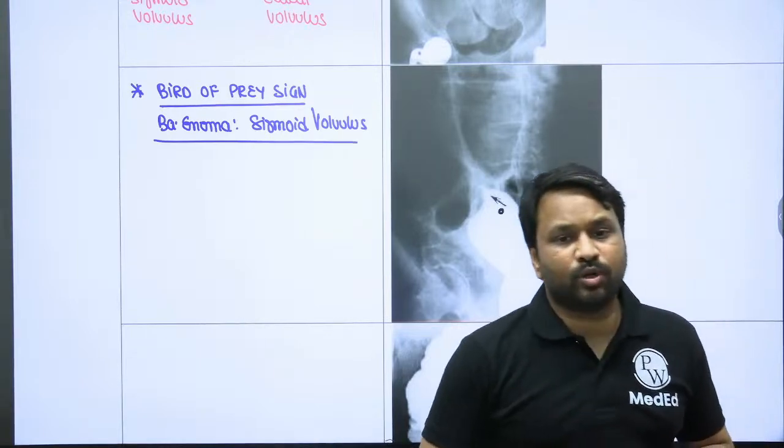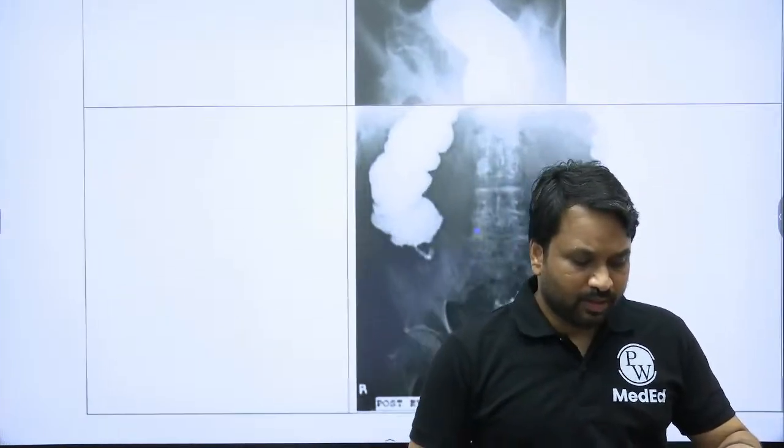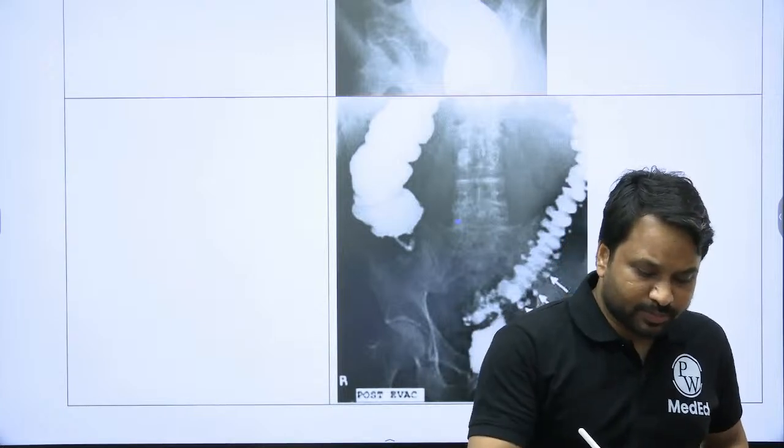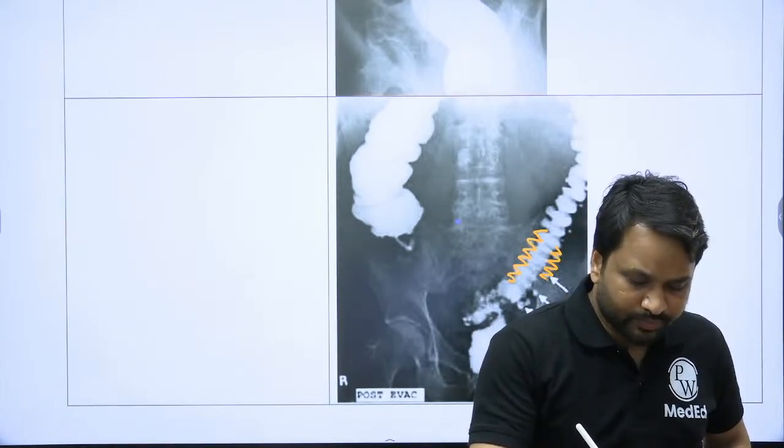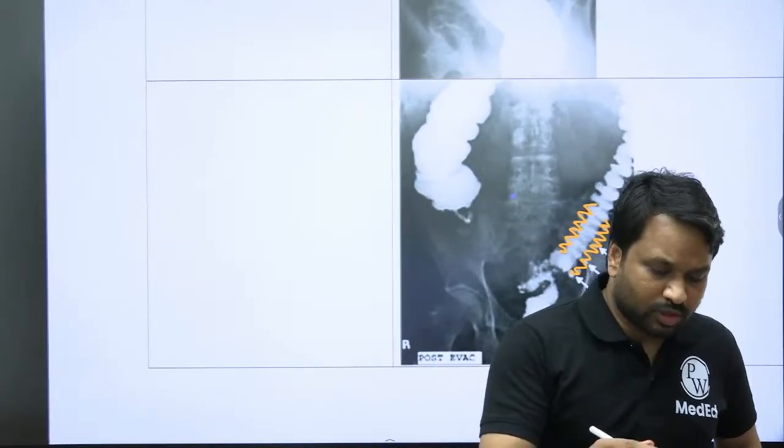we're doing a sigmoid volvulus. Can you see this image again? A spotter. This is your sawtooth appearance on a barium enema.